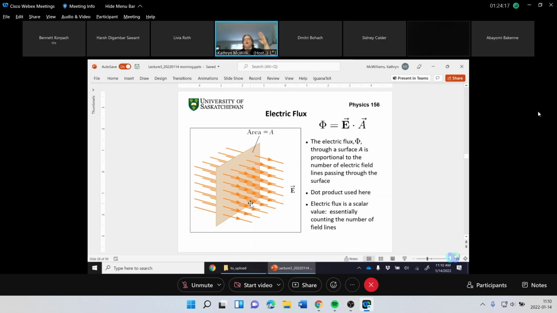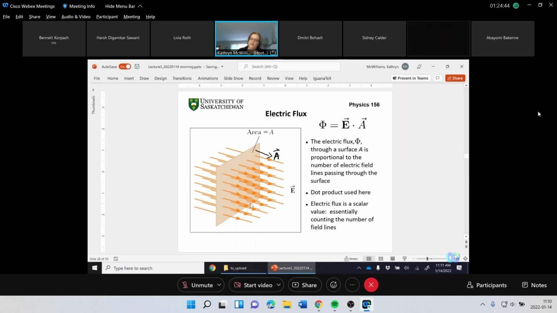It basically gives you the component of one vector in the direction of another vector. So it collapses this problem down into a one-dimensional problem, kind of. We're trying to count the number of electric field lines going through a surface, and the surface area is defined by a vector perpendicular to this surface.